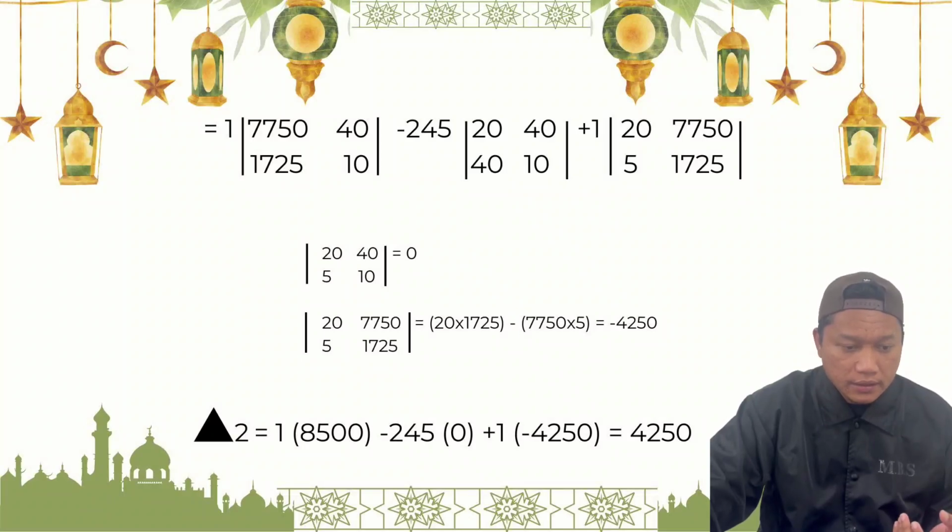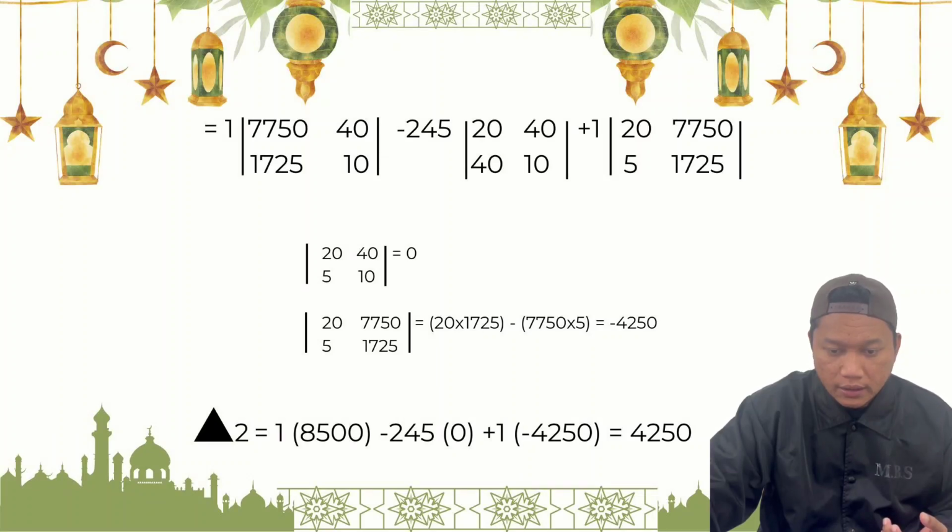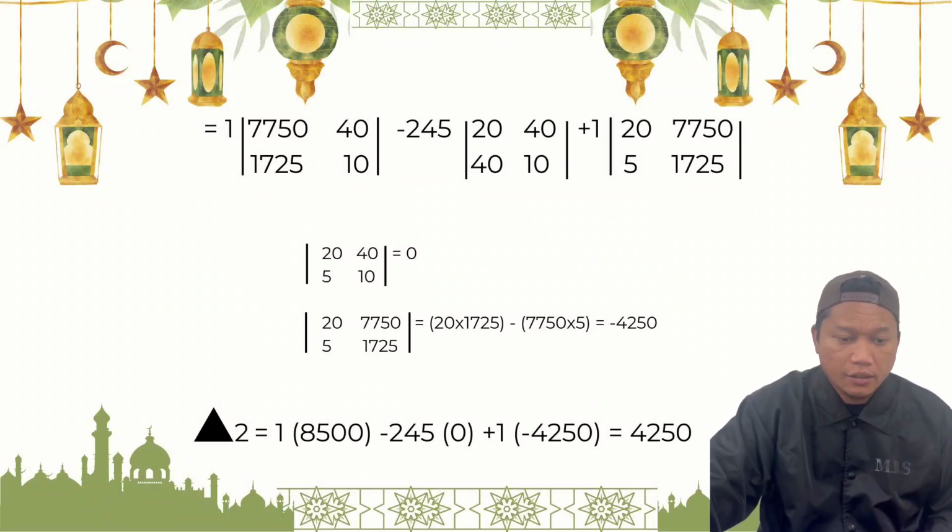That gives 77,500 minus 69,000, equal to 8,500.